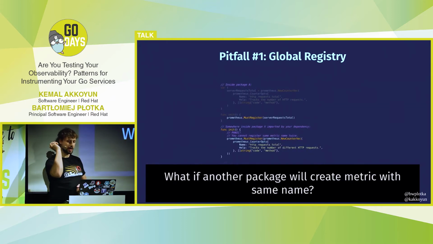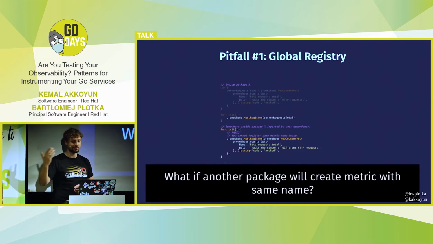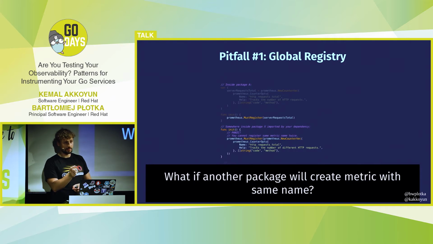Let's say I added my server request total variable and registered that, and then another package that we import, or even a dependency of this package that we import, so a dependency of our dependency, just registers a metric with exactly the same name. It will panic. Our registration probably will panic.